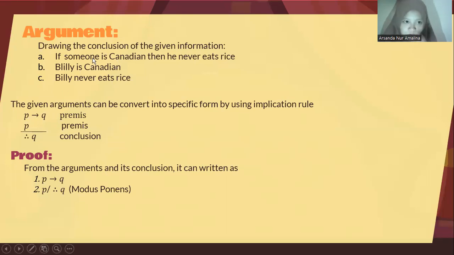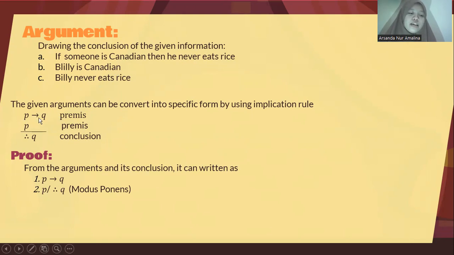We replace 'someone is Canadian' by P and 'he never eats rice' by Q. So we have premise 1 and premise 2, and Q, or Billy never eats rice, as the conclusion.